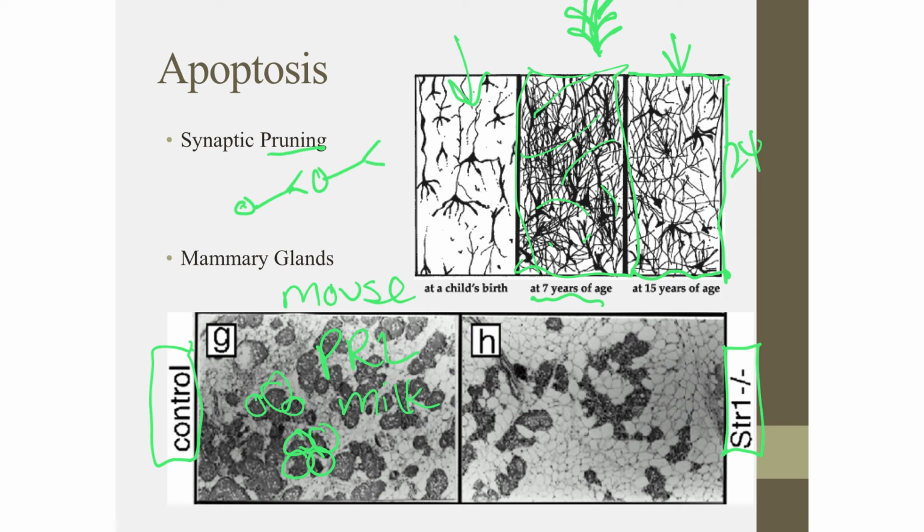When lactation is done, when weaning occurs, or in this case, when this drug was given to block lactation, we see that these cells decrease in number and get smaller. This is controlled apoptosis. We don't have active mammotrophic cells making milk forever, thank goodness.